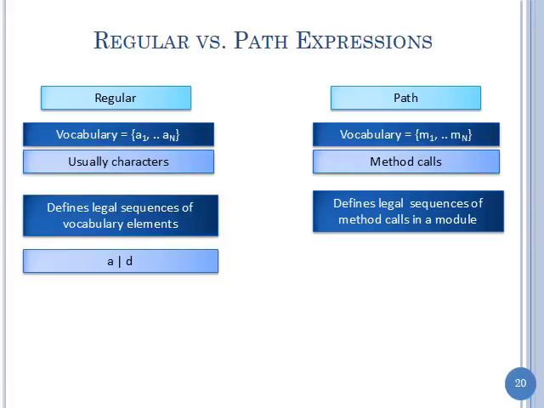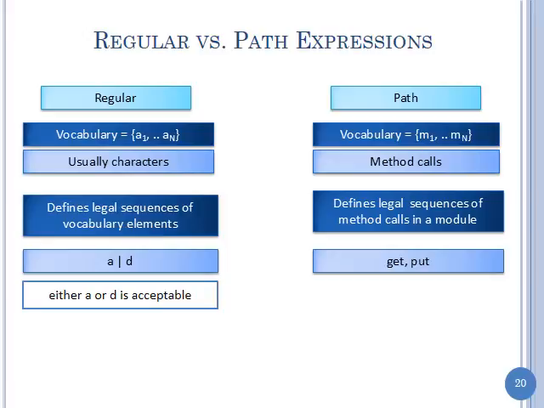What's the equivalent in the case of path expression? The next method you can call could be either get or put. It should be M1 or M2.